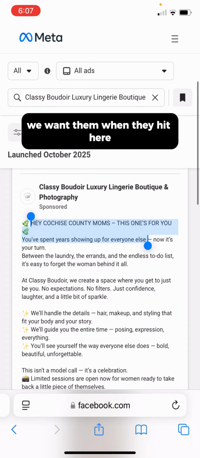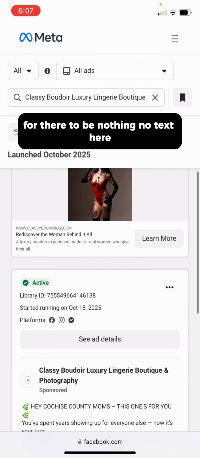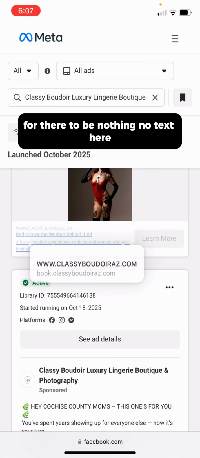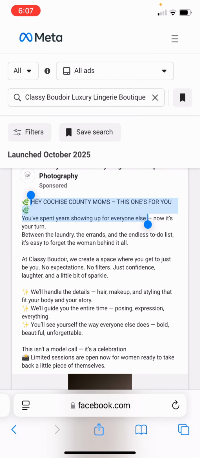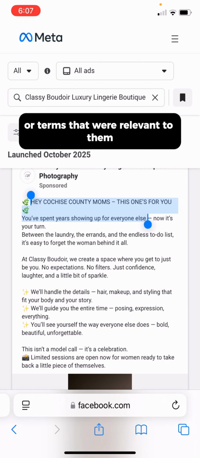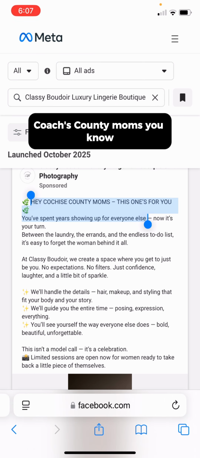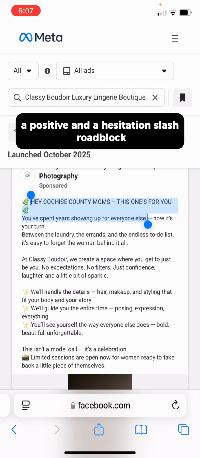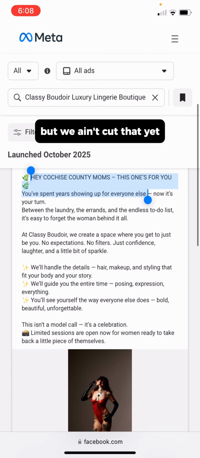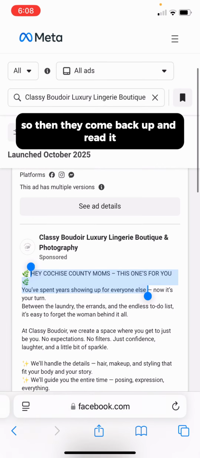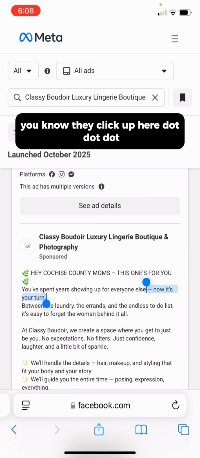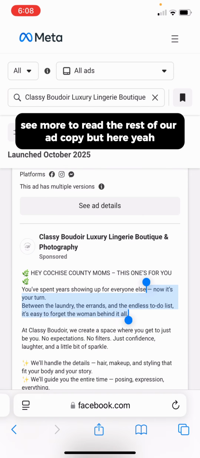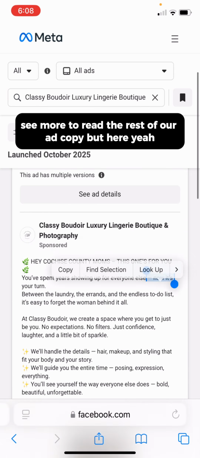And we want them, when they hit here, for there to be nothing, no text here, so that their subconscious processes this, and they saw some words or terms that were relevant to them. Cochise County moms, and then we should have a negative, a positive, and a hesitation or roadblock, but we haven't cut that yet. So then they come back up and read it, and then they click up here, see more, to read the rest of our ad copy.